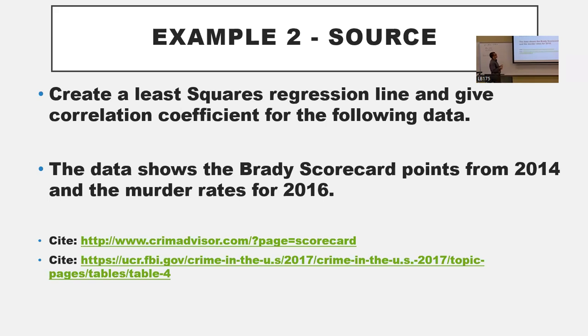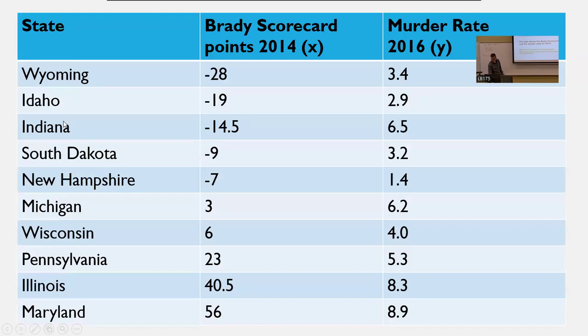So let's look at a second example. What we're going to start with is some data from Brady scorecard points and murder rates for 2 different years. I use this example in stats as well, if you've seen it.